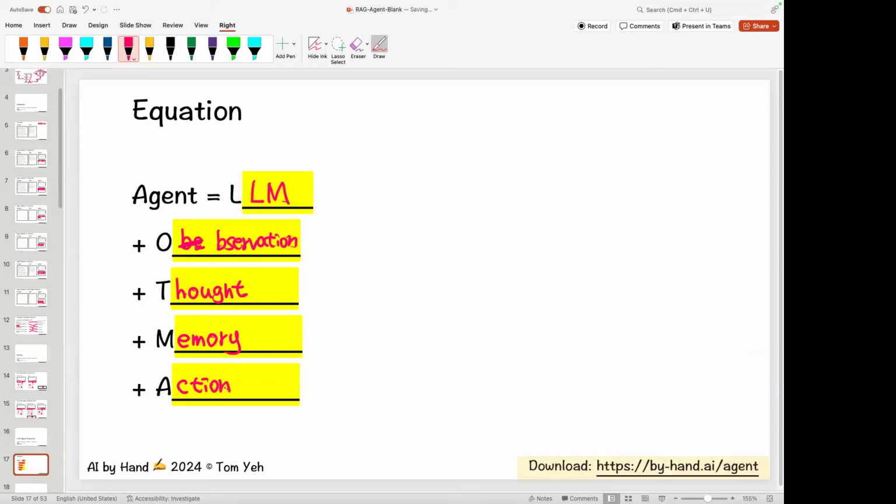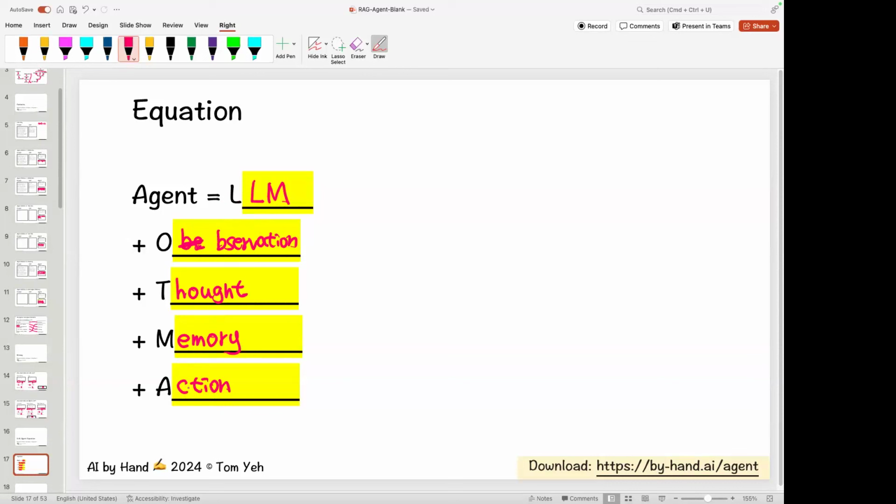So if you take this, another way to think of it is what a large language model is not. A large language model is actually not observing stuff, you have to add the ability. It's not thinking, deeper reflection. It just generates and predicts the next word, but you can add to it. And memory, it doesn't remember, everything is encoded in the transformer stack. It doesn't preserve memory, but you can add to it. And it doesn't take action outside of generating a word, but you can also add to it.